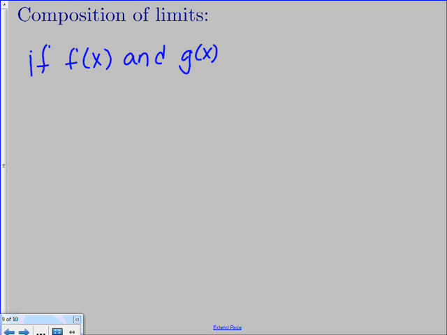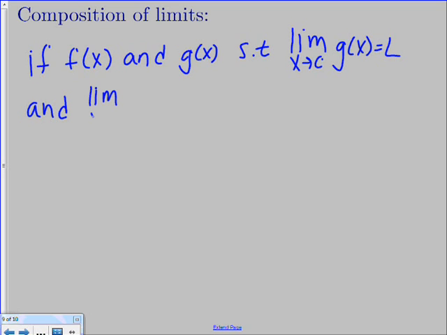So in math we're going to use the word such that with the abbreviation s.t., so if f of x and g of x are functions such that the limit as x approaches c for g of x is equal to L, and then the limit as x approaches L for f of x is just going to be equal to f of L.